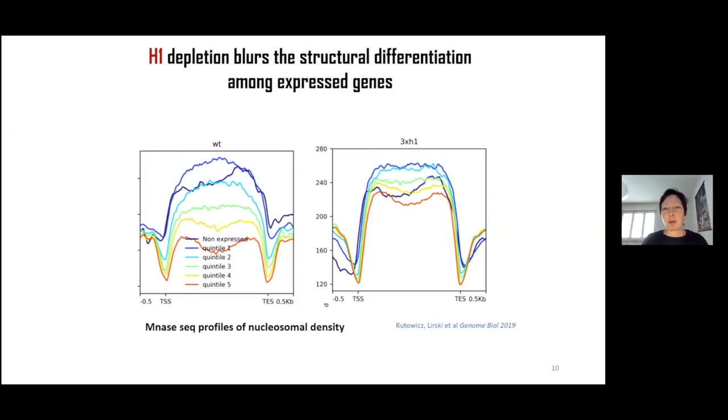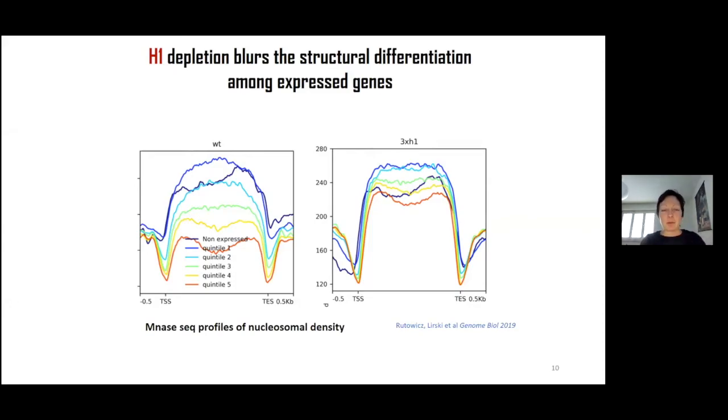Now, when we look at the molecular level, H1 depletion also has very interesting or even, I would say, unexpected effects. In this experiment, we have been mapping the nucleosome density along the different genomic regions, and we specifically looked at the expressed loci.